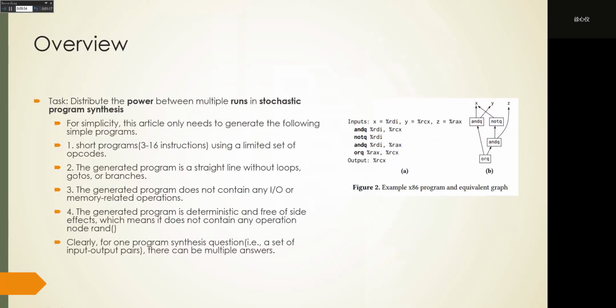Second, the generated program is a straight line. It means it does not have any for, while, goto, or if statements, and of course no try-catch. Third, the generated program does not contain any I/O or memory-related operations or any specialized hardware-related operations. Fourth, the generated program needs to be deterministic.